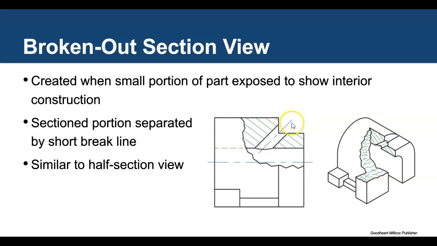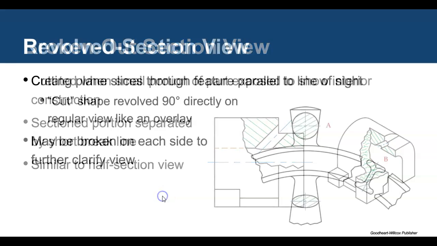And again, it's being done to help show us this angle of the hole and how that hole enters and breaks through into the actual bottom surface of this. So it's similar to a half section view, but because we are cutting it out and using a short break line, it's referred to as a broken out section view.